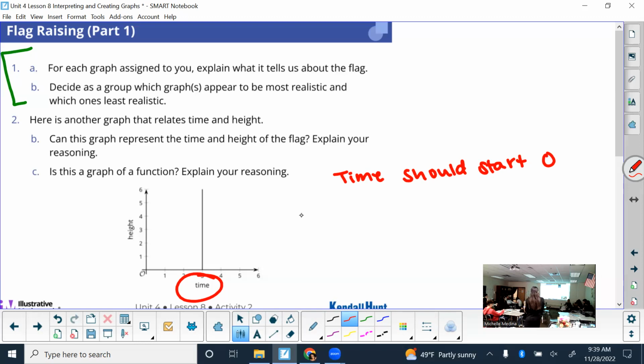Okay, I heard one person. So why do you think it is not a function, Julian? Class, how do you know if something is a function or not? Not because it starts at 0.